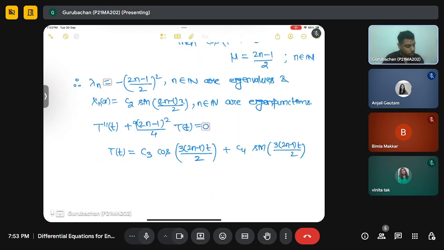So from here your u(x,t) comes out to be summation n from 1 to infinity.